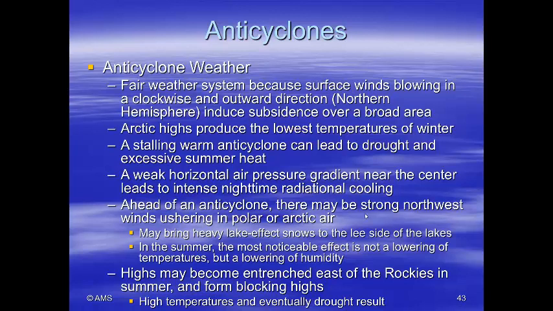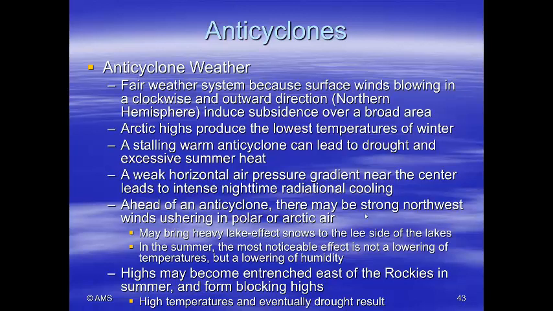Ahead of an anticyclone, there may be the strongest northwest winds ushering in polar or Arctic air, and this could bring heavy lake effect snows to the lee side of the lakes. And in summer, the most noticeable effect is not a lowering in temperature, but a lowering in humidity.